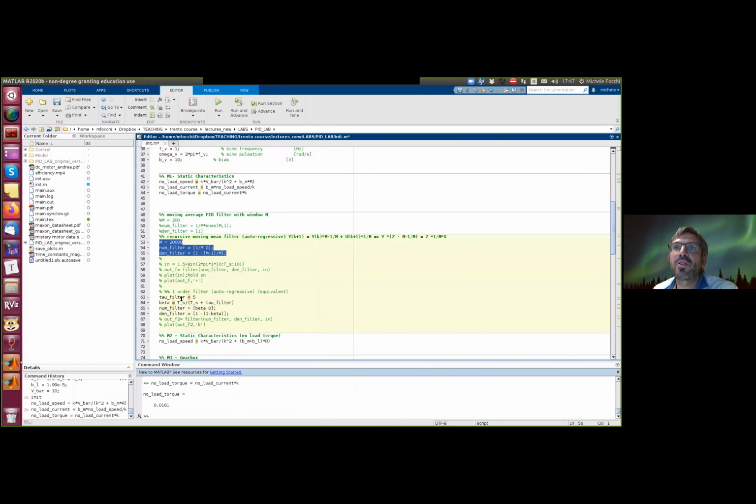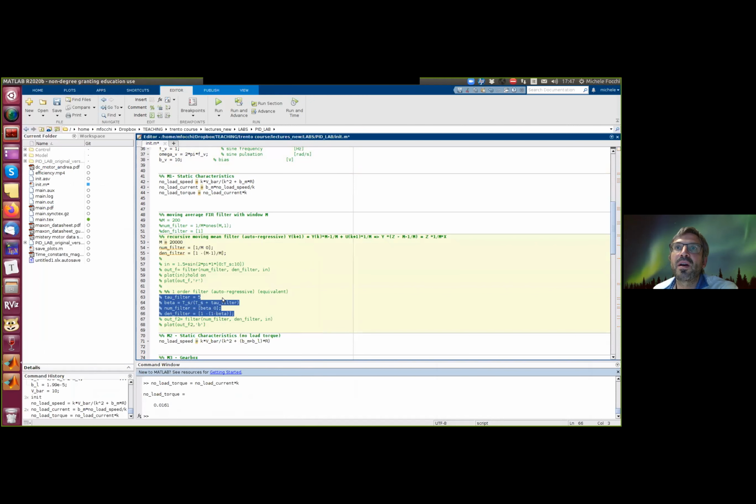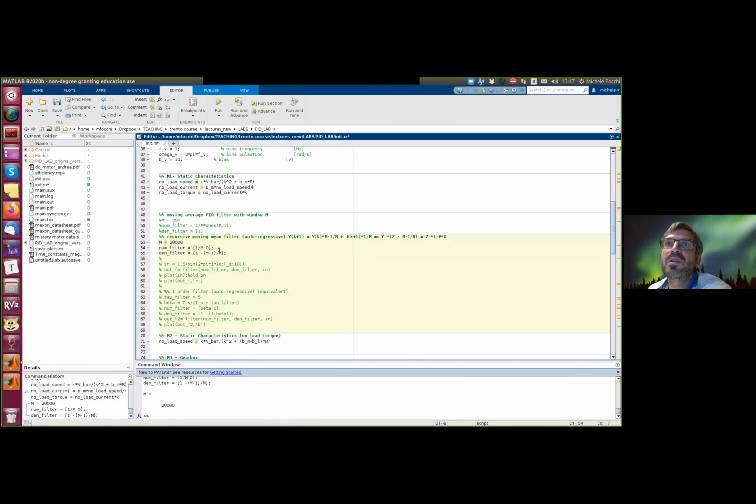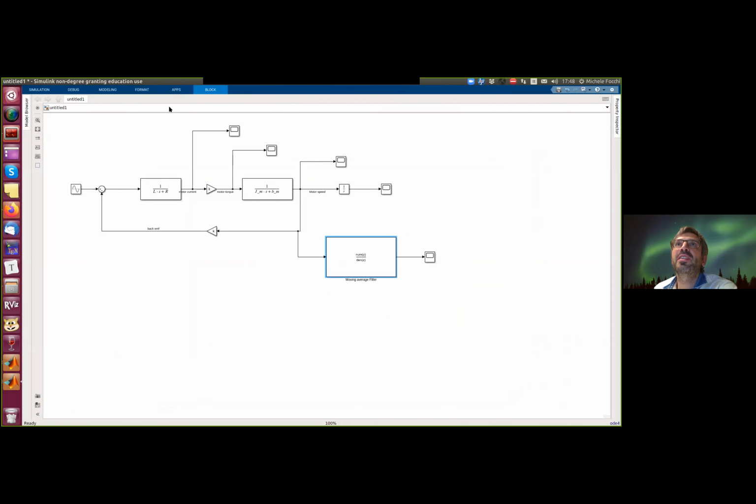We have a third way that is with the first order filter. So let's say we set a very big window, 20,000 samples for doing the moving average.